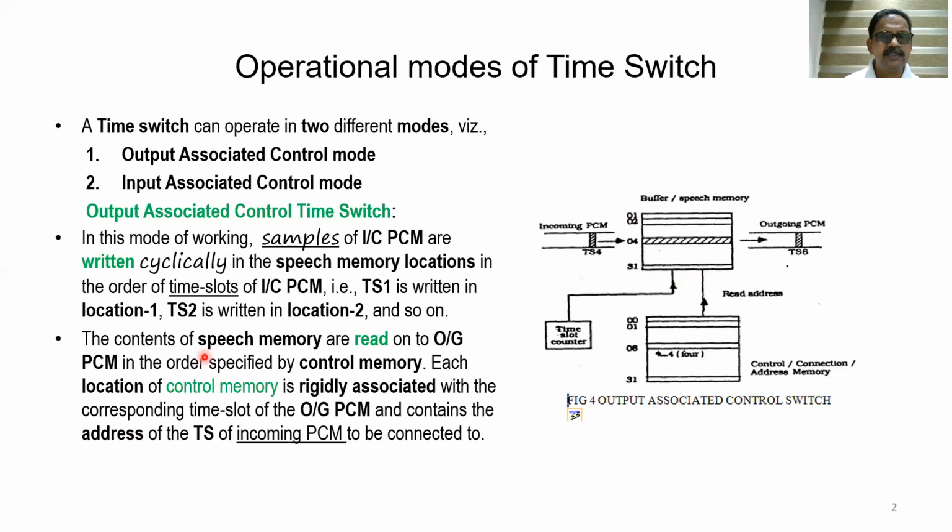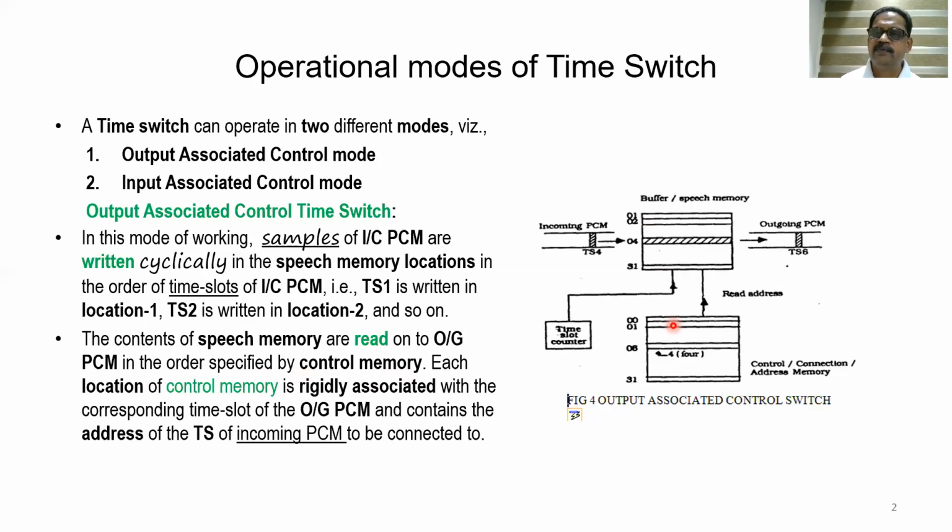The contents of the speech memory are read onto the outgoing PCM in the order specified in the control memory. So writing is cyclical, one after the other. But when we read the information, the ultimate goal is to transfer the information of incoming PCM to outgoing PCM.